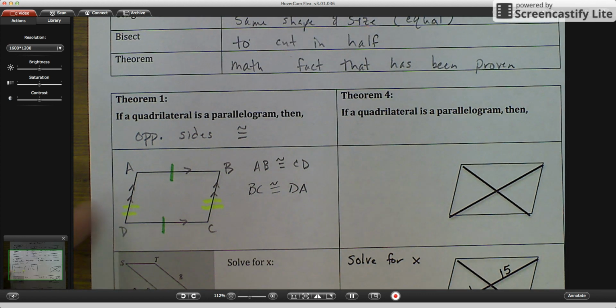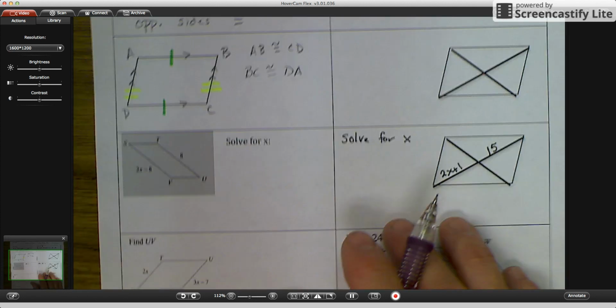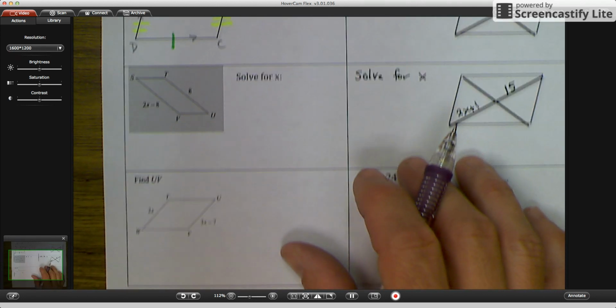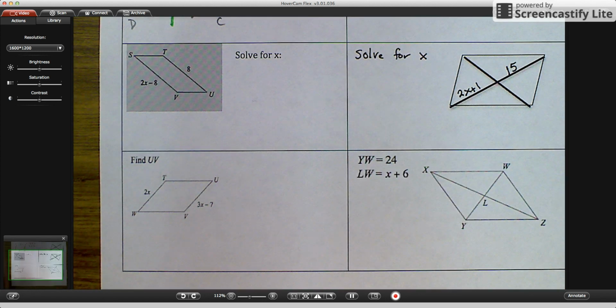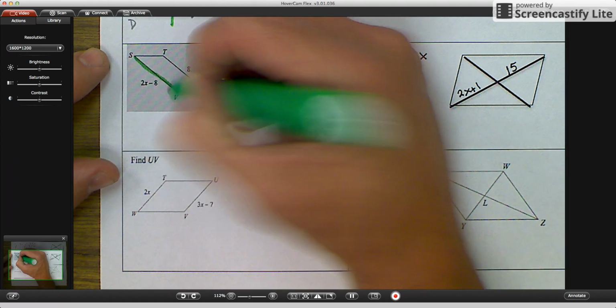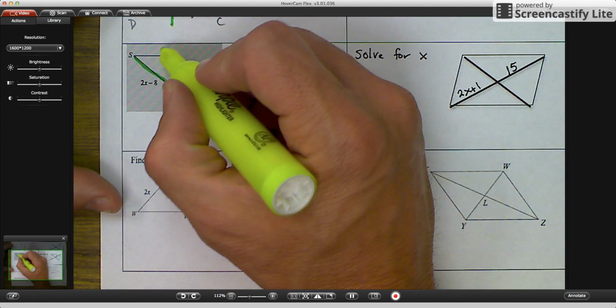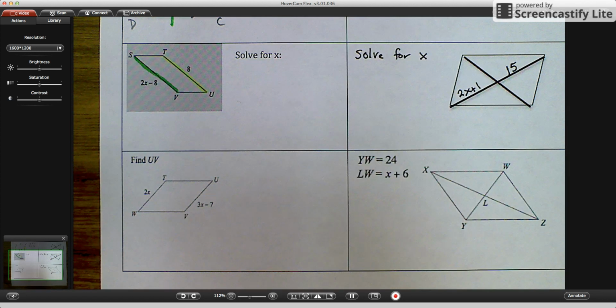Okay, let's keep going, and we're going to look at the first example, or the second example, really. It says solve for x. So as I look at x, I see that I have an x there on SV. And I also see that SV is congruent to TU.